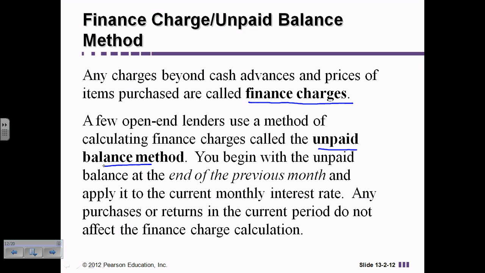There may be a yearly fee or something like that, but most of the time they're just going to charge you on what you're buying. So the balance is typically calculated on whatever the balance was at the end of the previous month, not the month that you're on, but the month prior. Occasionally, they'll do an average daily balance, which we're going to talk about too, and how to calculate that.